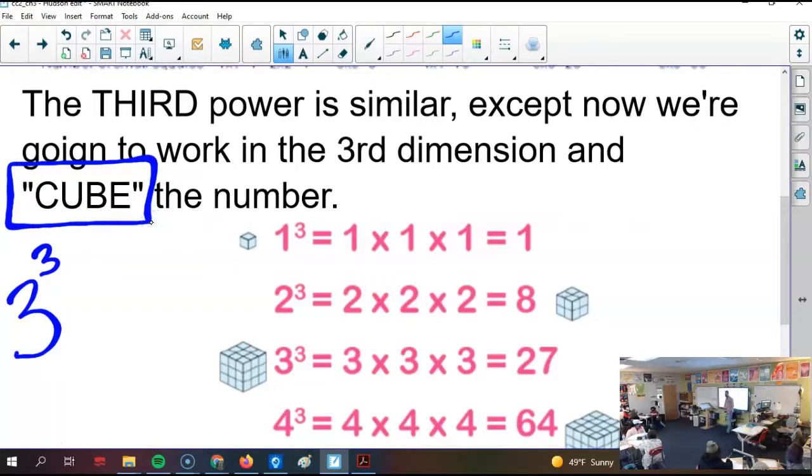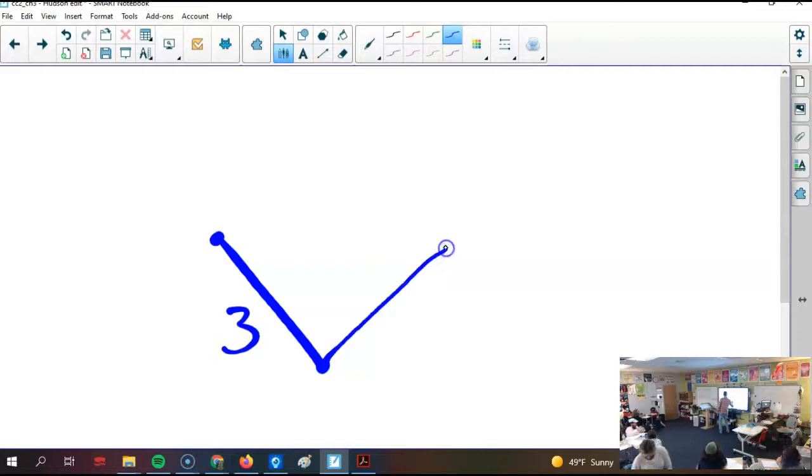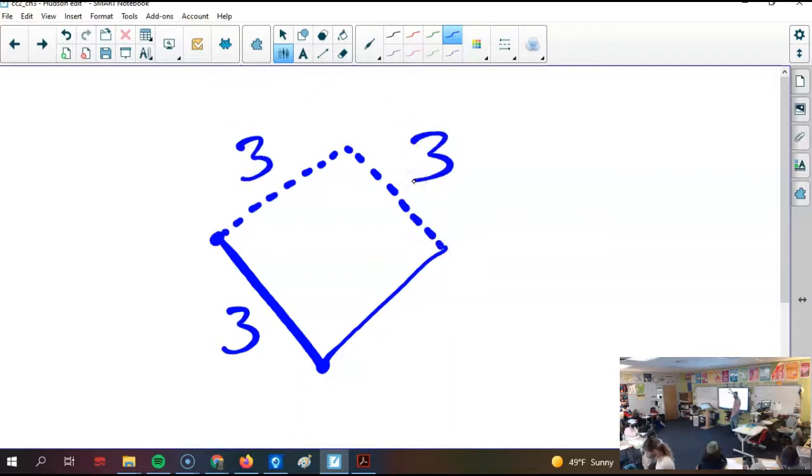We cube the number. But this is way harder to understand, so stick with me. Don't draw this because it's kind of tricky to draw first. I take a length of 3 and I square it. So I made a square that is 3 by 3, but it's disappearing into the background.